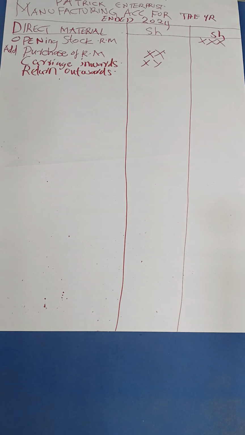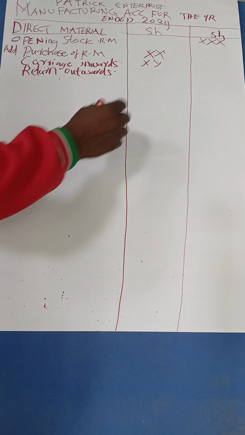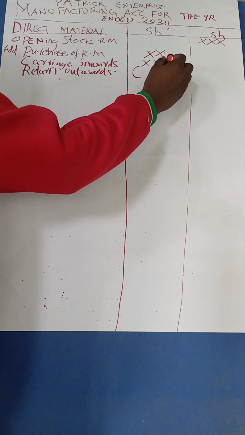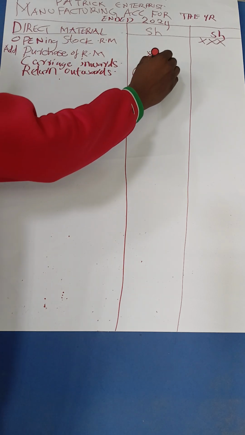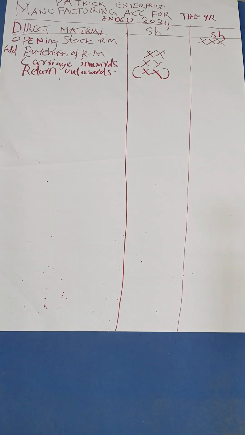Those are the answers we expect here. So return outwards, from the word outwards, you are taking out. So we subtract. But in accounts, when you are doing subtraction, you don't show it that way. Just put it in a bracket, we'll know you are deducting.